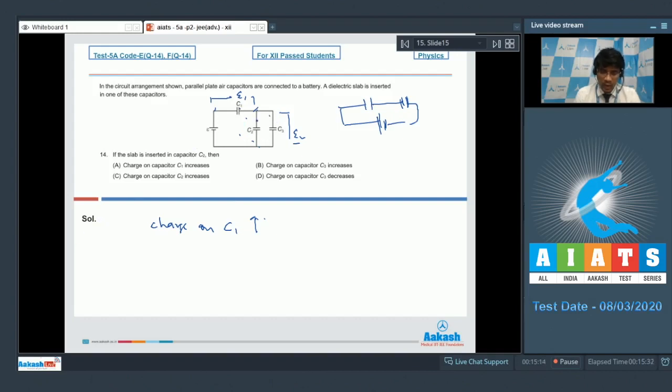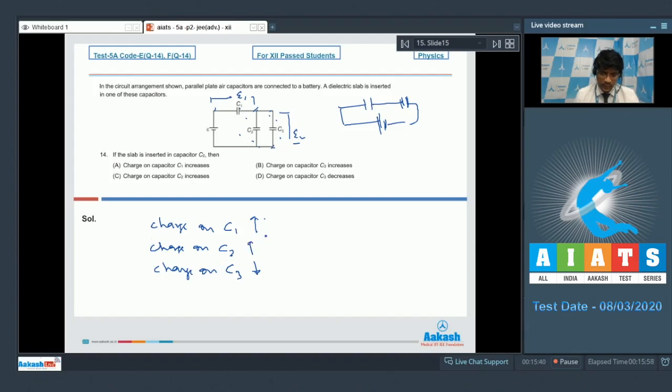That means on this part now, what we found, the potential drop across C3 has actually decreased. So I would say charge on C3 has actually decreased. That means here the charge has decreased and overall the total charge has increased. It simply means that charge on C2 must have increased.